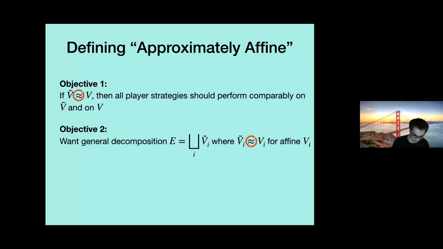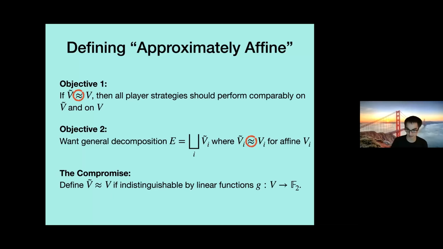And the compromise definition that turns out to be okay for both objectives is to say that v tilde is approximately like an affine subspace V if it's not distinguishable by a restricted class of functions, specifically linear functions over F2. And this is actually a standard notion from pseudorandomness, called small bias sets, or v tilde is a small bias in V.